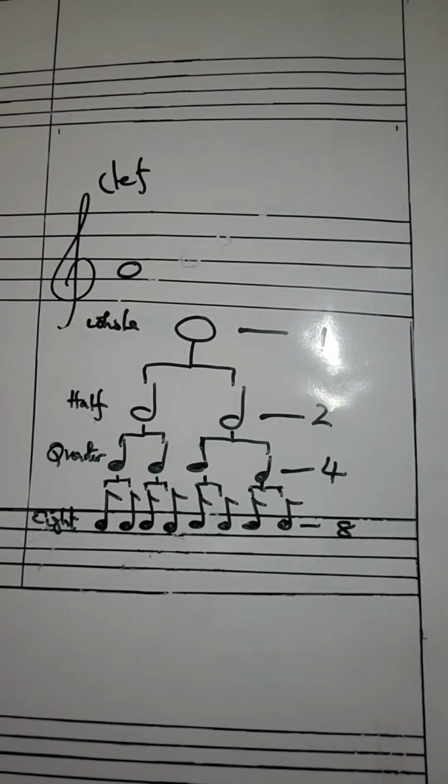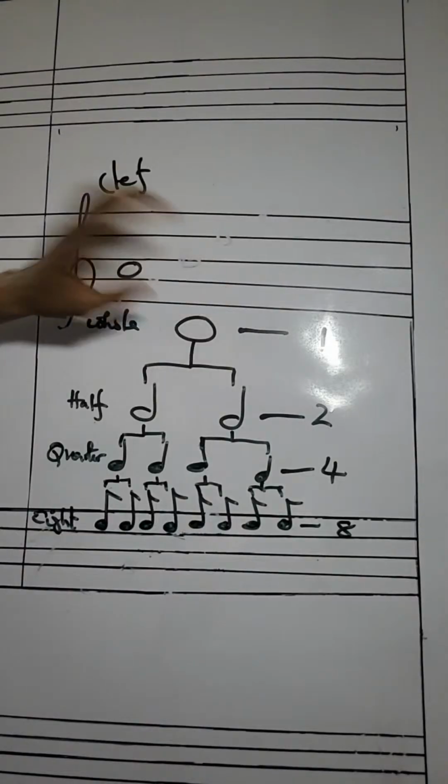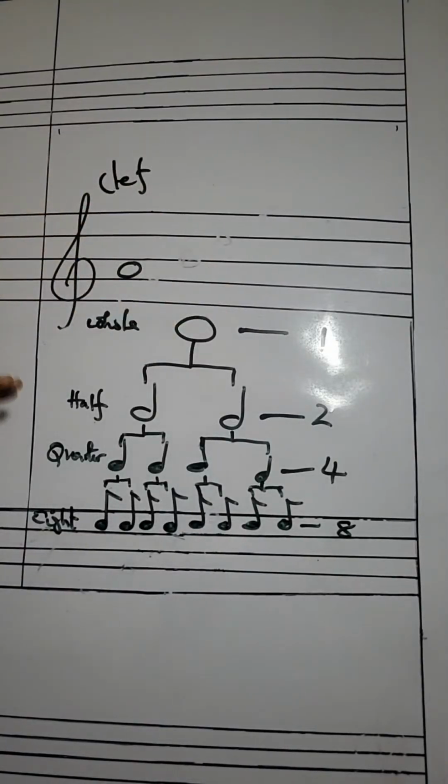All right, so let's continue. After knowing this, anytime you see this in a common time signature, I'll come to time signature. I've been mentioning time signature over and over again, but you have to know the value of the note before you go to the readings.